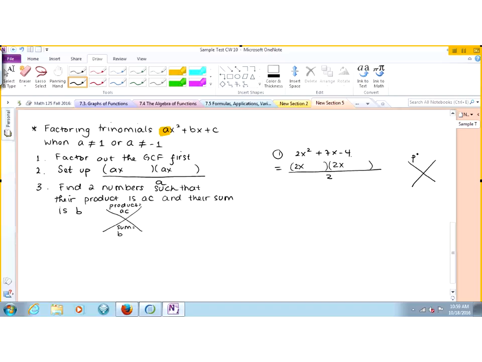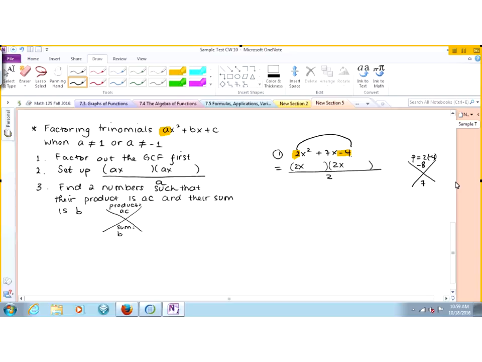So in this case, what will my product be? 2 times -4, so that is -8. So this is your AC. So your A is your coefficient here. This is your C. What about your sum? 7, okay?